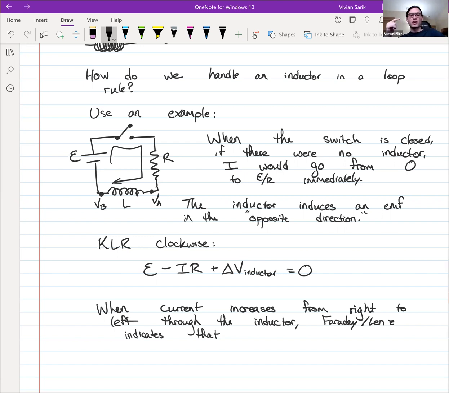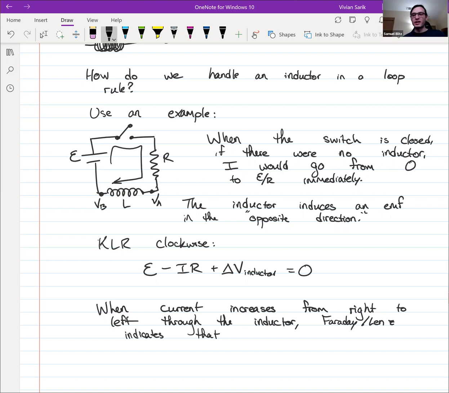The current is increasing from right to left, so in order to reduce the current, you would have to have current flowing in the opposite direction. It would induce an EMF that has a positive sign over here and a negative sign there. So current would want to flow in the opposite direction, right?